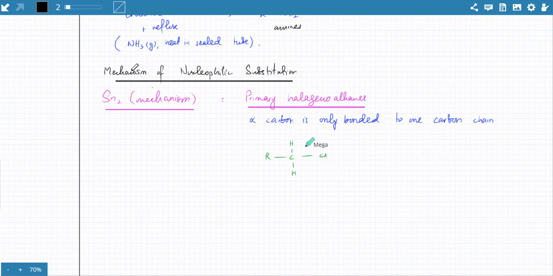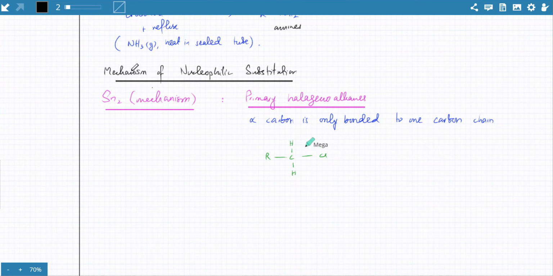Now the mechanism for this reaction. What happens? What's a nucleophile? So let's say you have this molecule. You have a molecule of R, C, and there's Cl, and you have H, and you have H. Now it's a highly polar molecule. Its carbon is partial positive, Cl is partial negative.